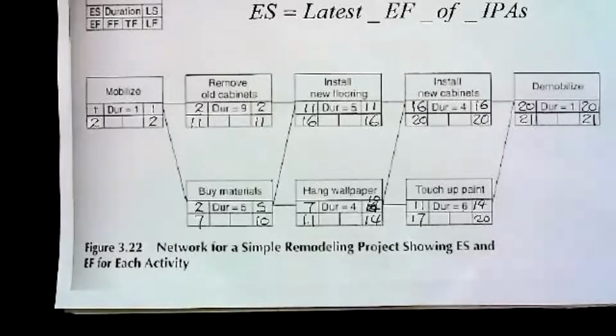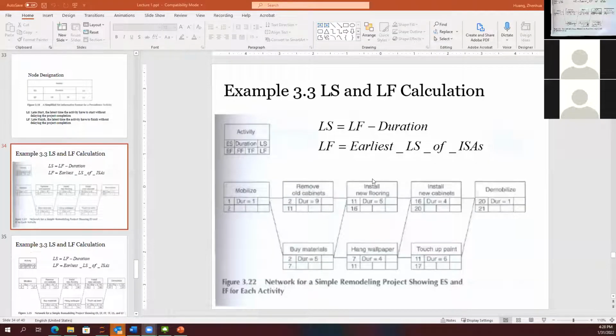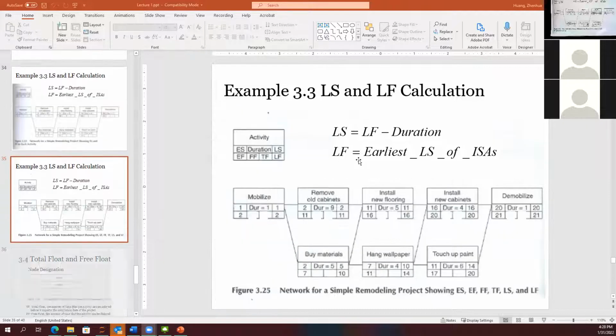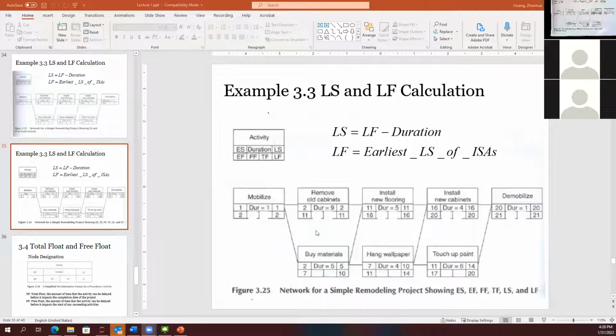Okay, after we got this, now we go back to our table over here. Late start, late finish is finished. I put everything over here. This is 21, 20, 20, 16, 20, 14, 16, 11, 14, 10, 10, 5, 11, 2, 2, 1. Okay. Next step.